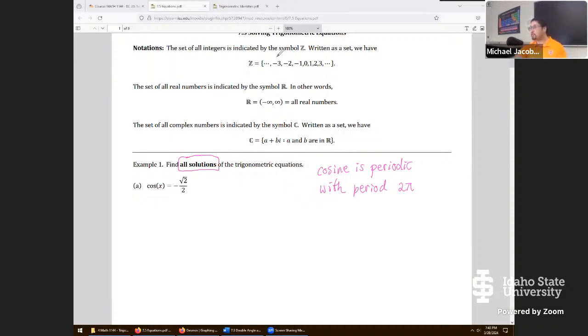But if you're trying to find all solutions, the set you really are going to be working with in this section is the set of integers, Z. Z comes from the German word for number. It starts with Z. I forget the actual word. Anyone speak German by chance? We can look that up later, but that's why it's Z for all integers. It's written as a doubly infinite set. So it starts at 0, goes to the left forever, the counting integers negative, to the right forever. We use this set to express all solutions.